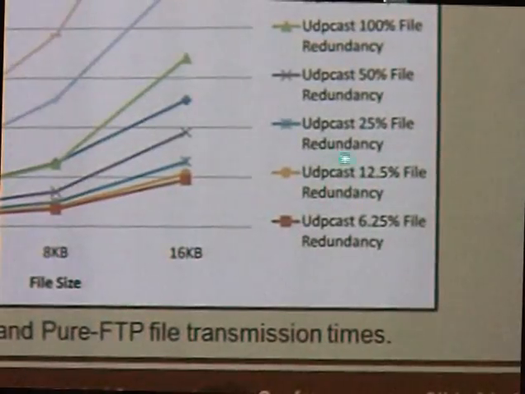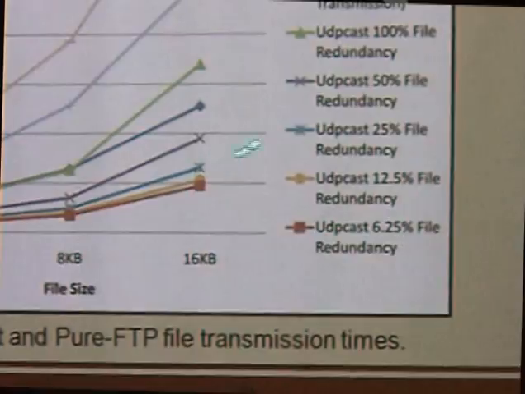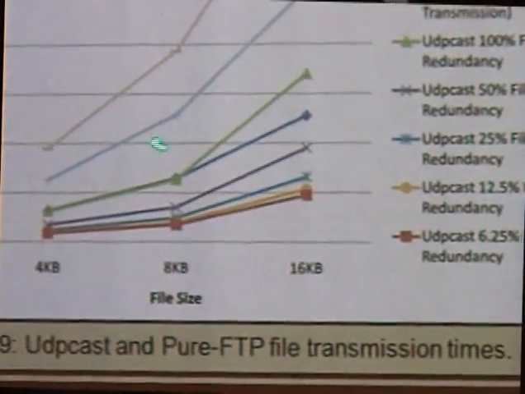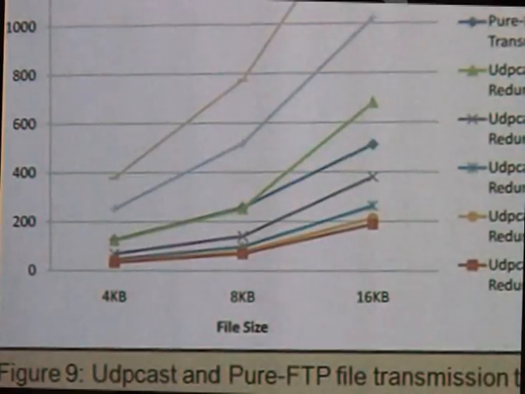And you see these little plots down here kind of clustered together. That's the 6.5, the 12.5, the 25%, the 50%, and so on. These are the UDPcast transmissions down here. Now these two here that are in the middle, I'm going to save those for a bit later. I'm going to go up to here.